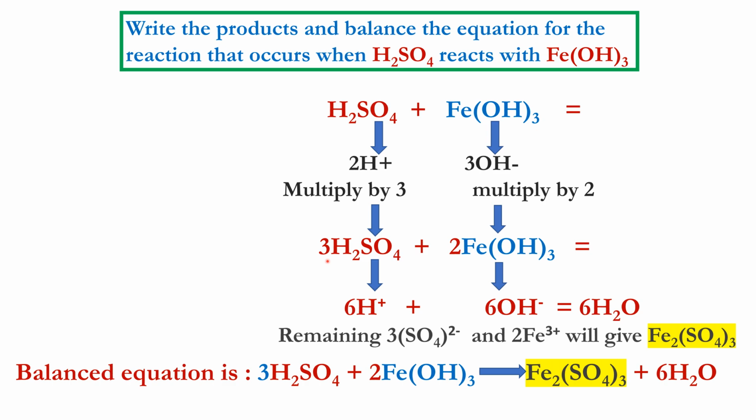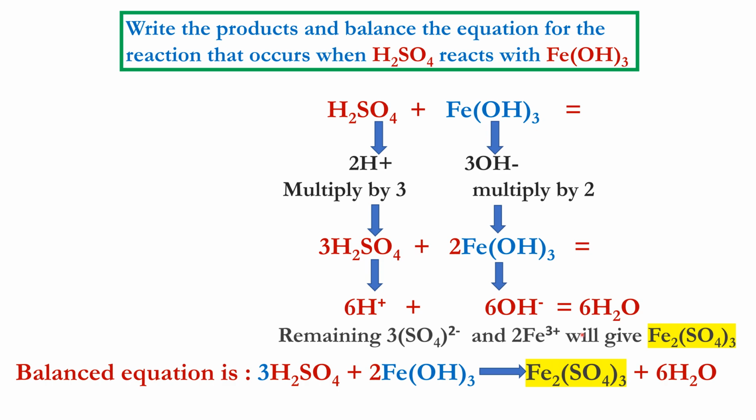If we add 3 here, we will have 3 multiplied by 2, which is 6H plus. And if we add 2 here, it will be 2 multiplied by 3, which is 6OH minus. So 6H plus and 6OH minus are both balanced. If we combine 6H plus and 6OH minus, we get 6 water molecules, so 6 water molecules is one of our products.